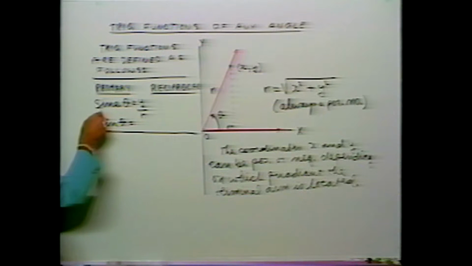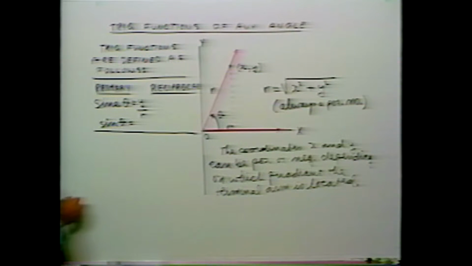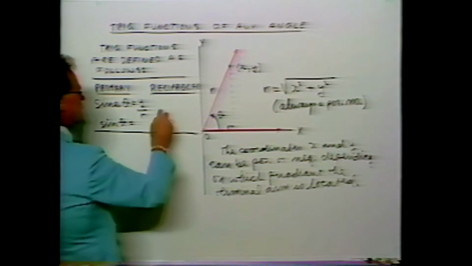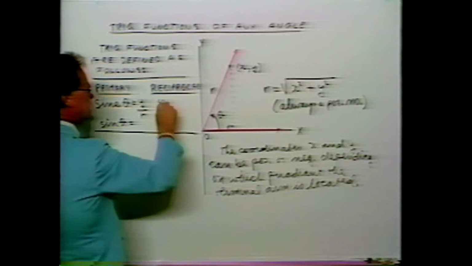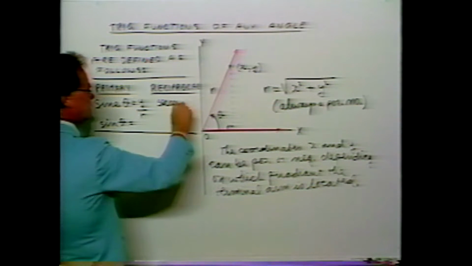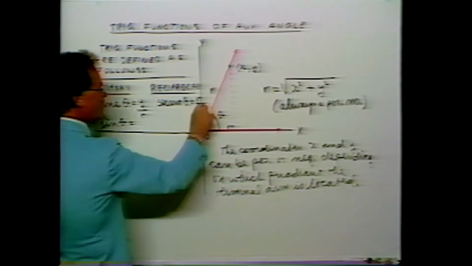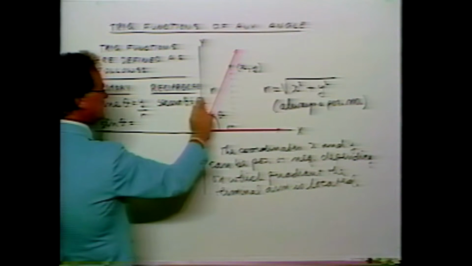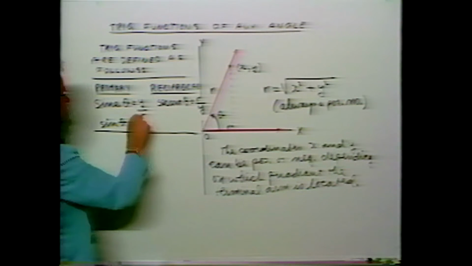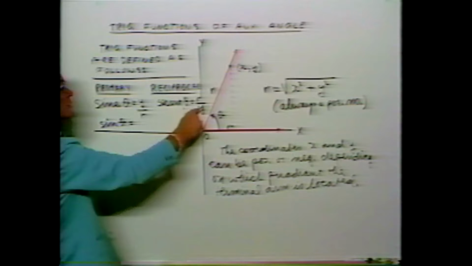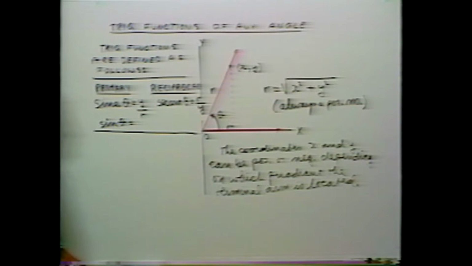The reciprocal ratio of sine is cosecant. The reciprocal ratio of y over r is r over y, and we call that the cosecant.